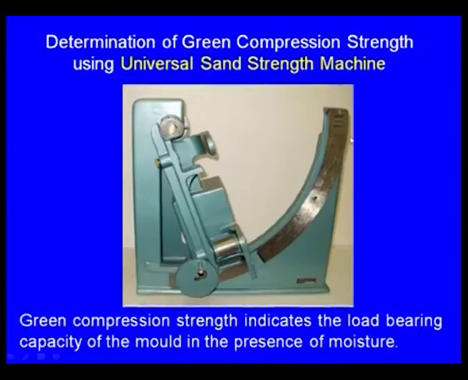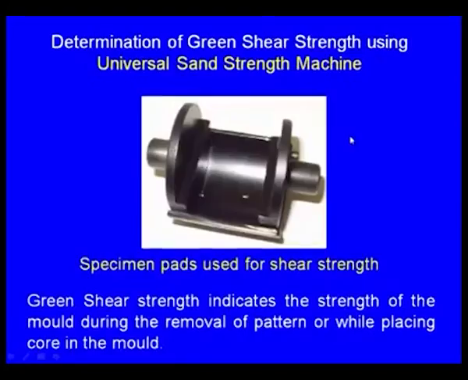Next, using the same universal sand strength machine, we can also measure the green shear strength. Here we use the specimen pads meant for shear strength. These specimen pads are different from the pads used for measuring the green compression strength.